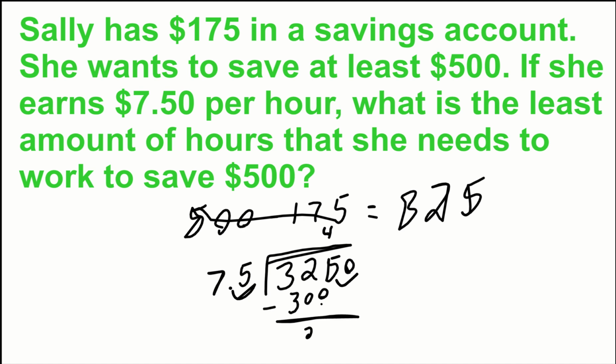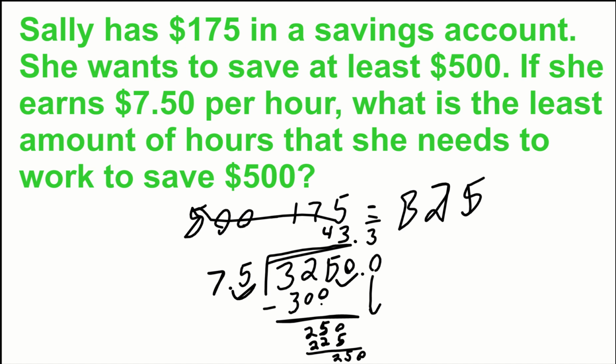We subtract. We got 250. 75 goes into 250 3 times. We got 225. We subtract. We got 25. If we keep bringing down zeros, we're going to keep getting 250. So what we're going to have is a 3 repeating then.